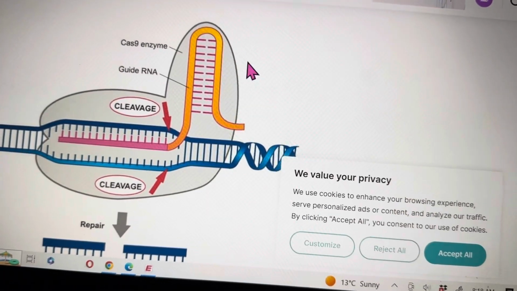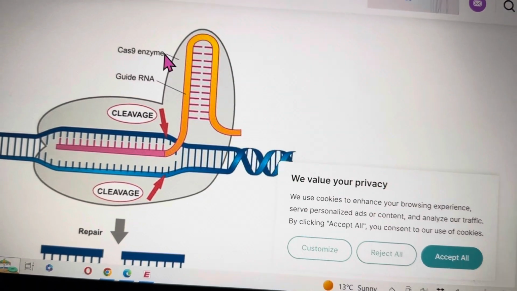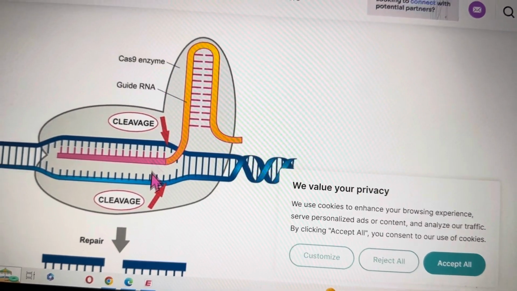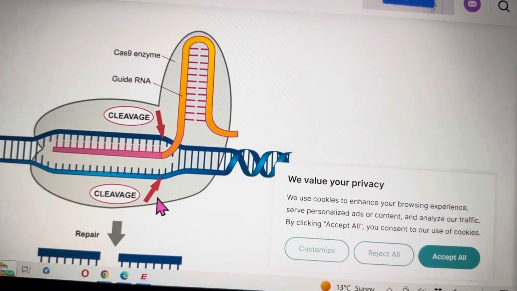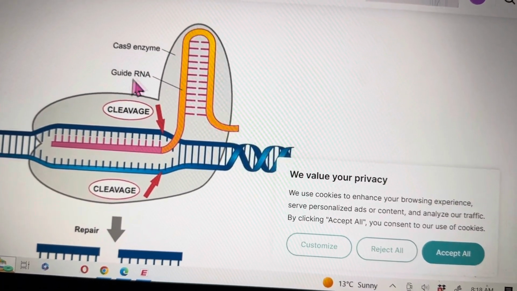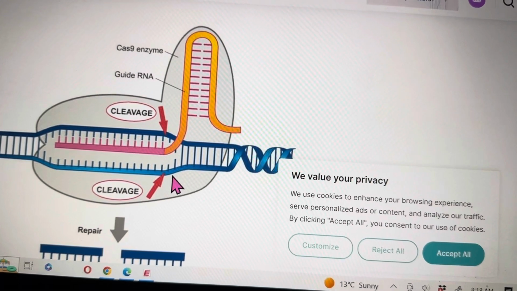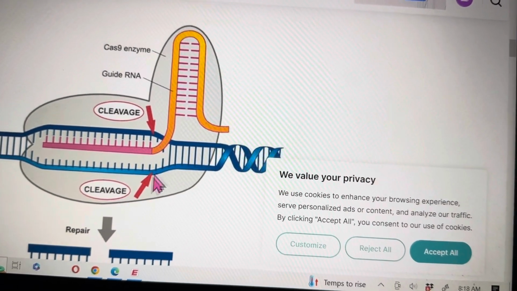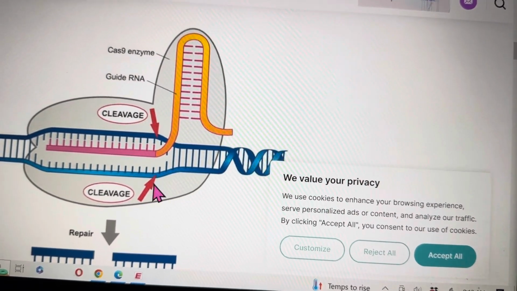This RNA is loaded with a protein, the Cas9 enzyme, an endonuclease protein. Here there is often a DNA called the motif DNA that this guide RNA will recognize.